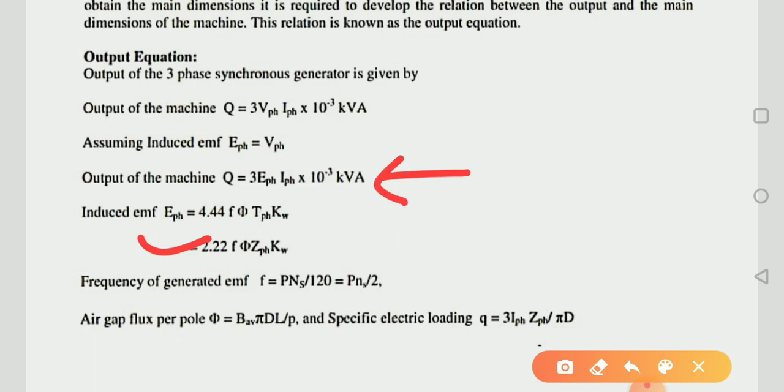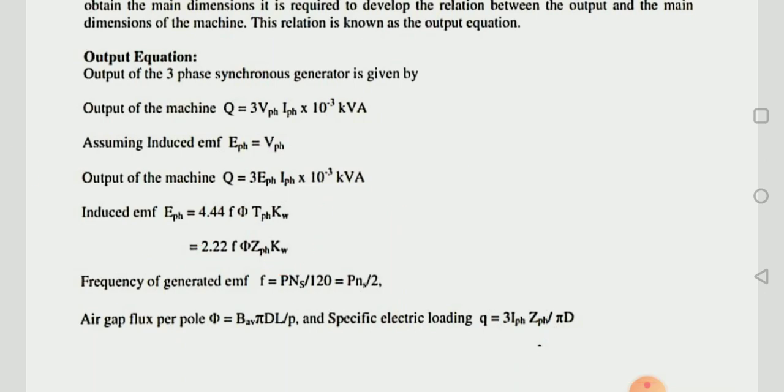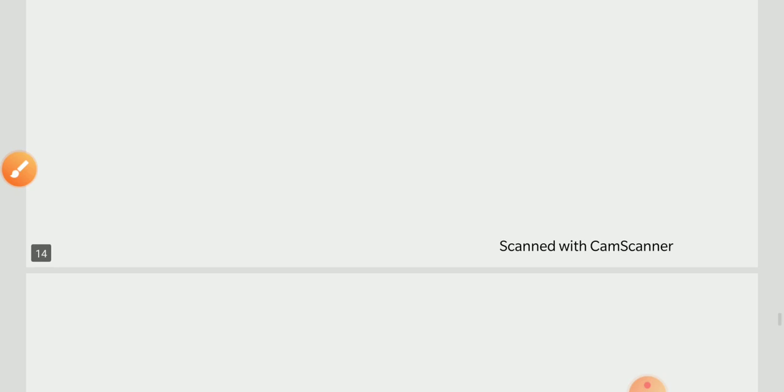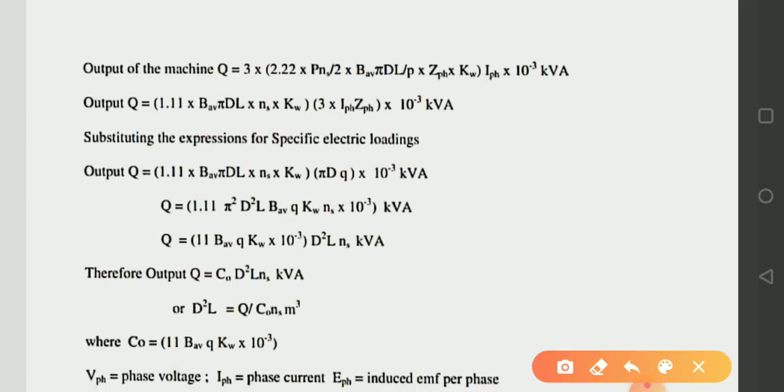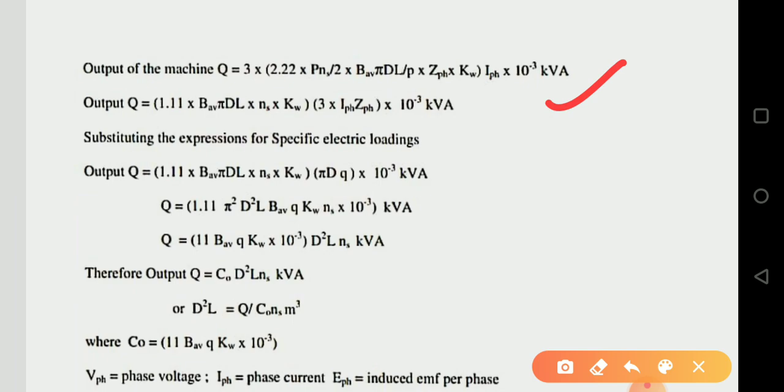Here we have IPH into ZPH. From both formulas we put these values in this equation, and we also take all the constant terms in the bracket. So we have 3 into IPH into ZPH into 10 to the power minus 3.